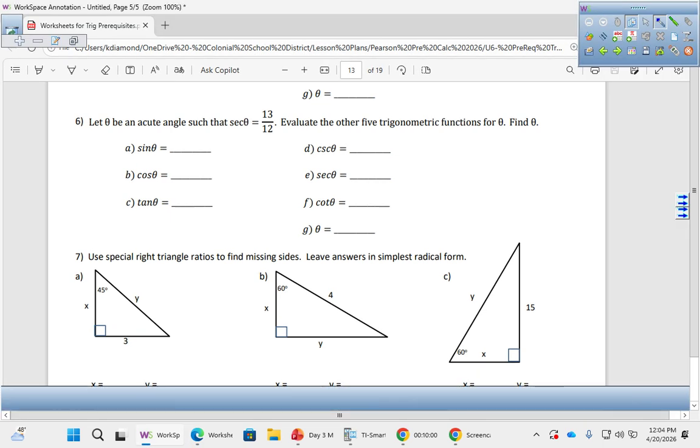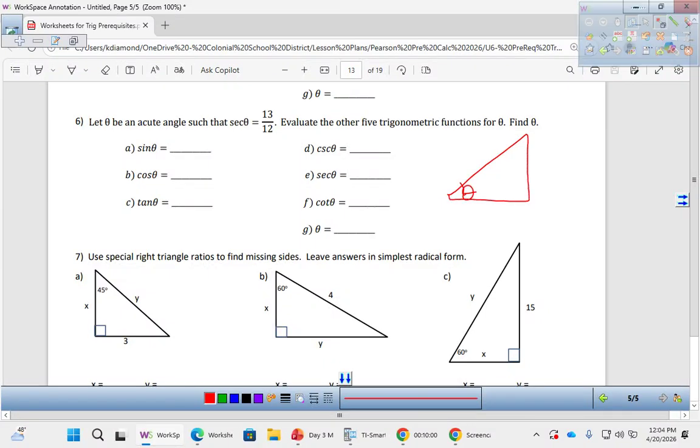I'm going to draw another right triangle for this one, same idea. I'm going to put the theta in this corner. I'm given the secant is 13/12. I don't really know much about secant, but I know that I can go over to cosine and say that's 12/13, which means I have the adjacent leg and the hypotenuse leg.